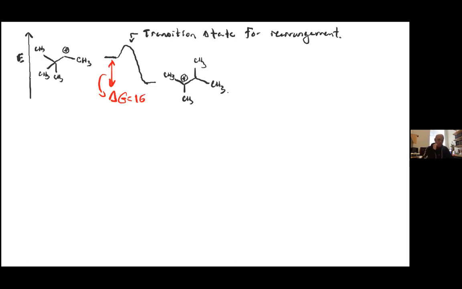And we want to know what's going on from a molecular orbital standpoint in the starting material, in the product, and then what that transition state looks like. I'm going to start by drawing out the starting material, in this case, the secondary cation.